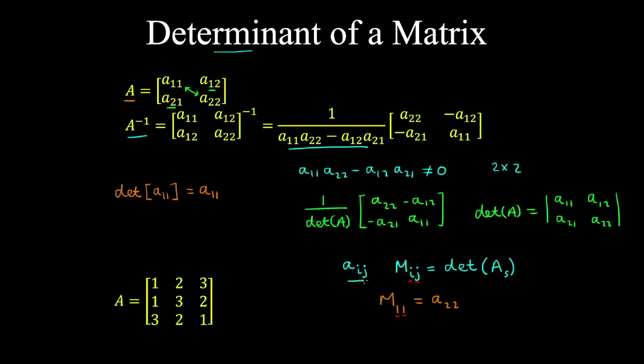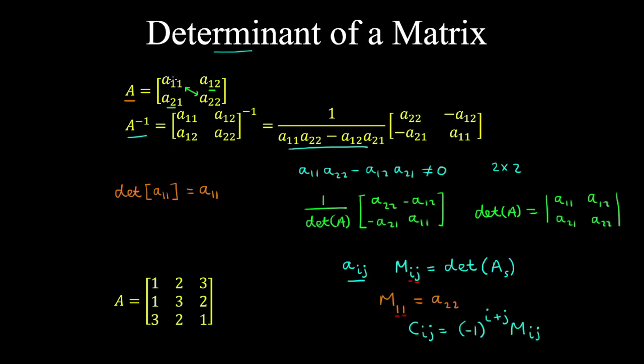And the cofactor of the entry in row i, column j is minus 1 to the power of i plus j multiplied by the minor in row i, column j.